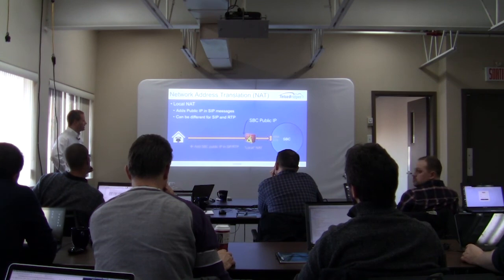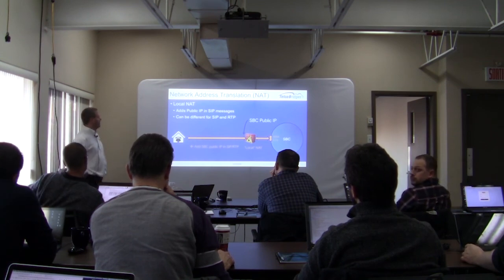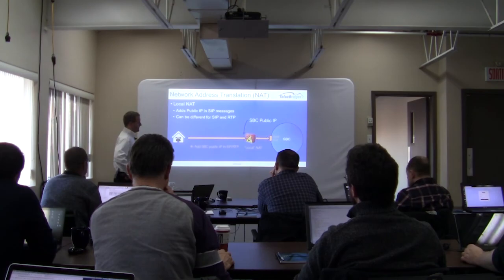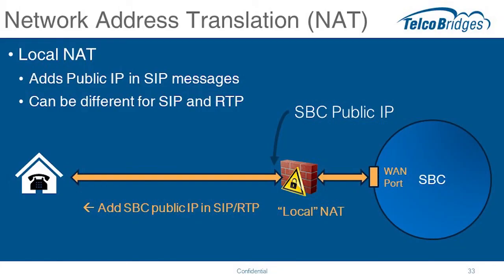Local network address translation. So what we do is, when you configure your NAP and you say you will be using a NAT, then you can say that in the messages we'll send a public IP.